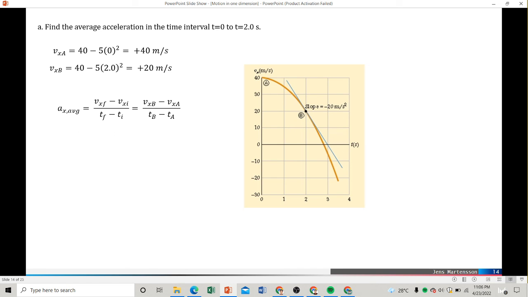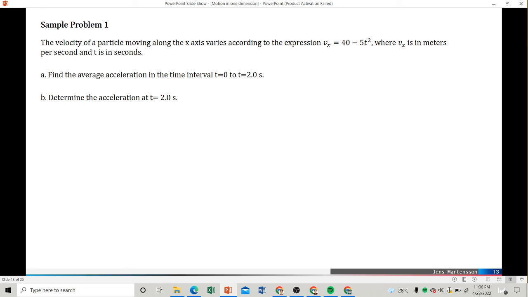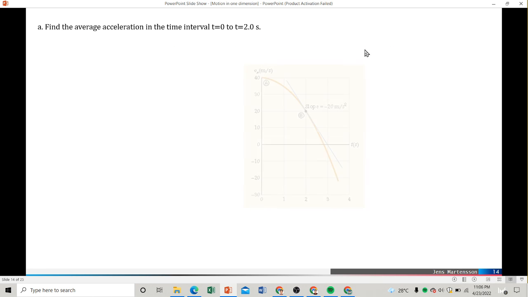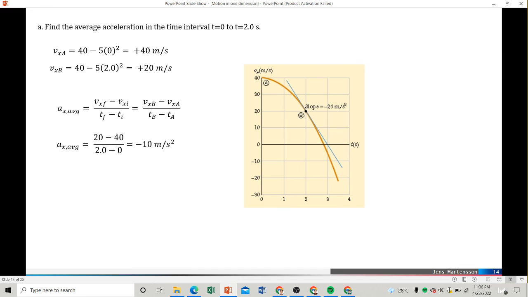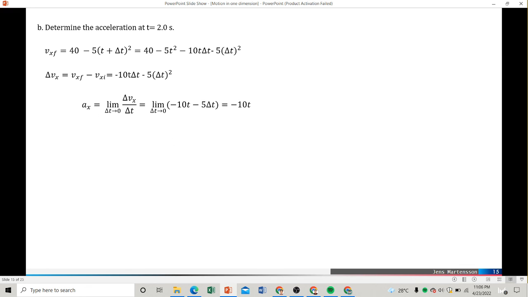If we take the derivative of Vx equals 40 minus 5t squared, we get the same result. The constant becomes 0, and using the power rule, the other term becomes negative 10t. So it's the same. At time equals 2, the instantaneous acceleration is negative 20 meters per second squared.